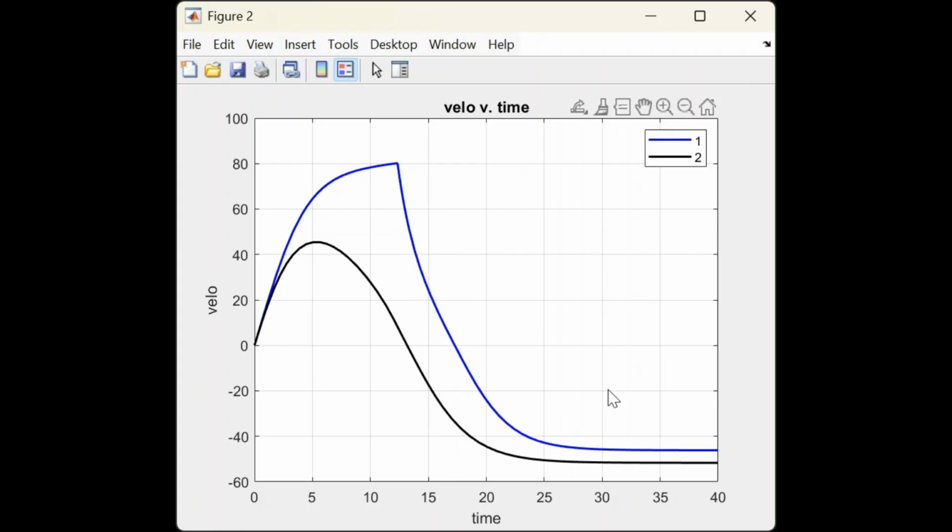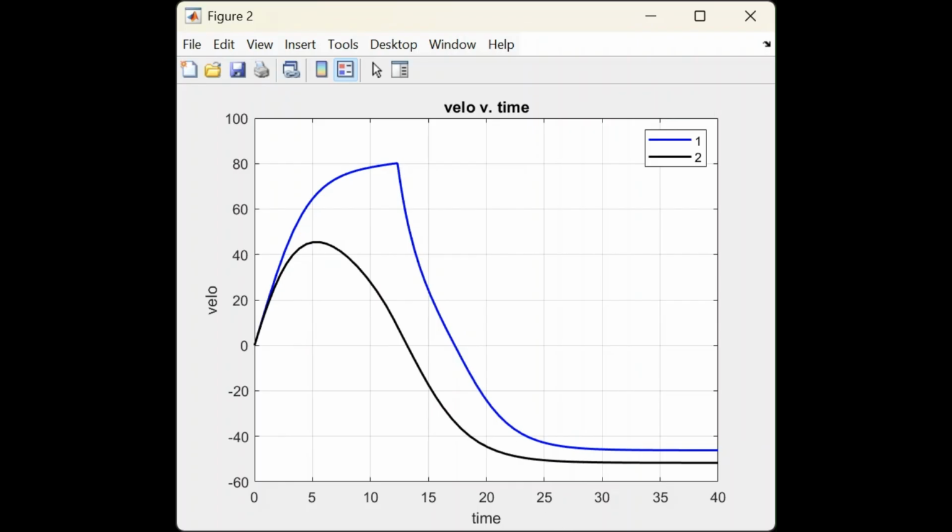And next, I'll bounce over to our, well, first, actually, I've got to mention the ascent time for the first strategy is about 12 seconds to our peak velocity, and around 5 for our peak velocity of Strat 2.